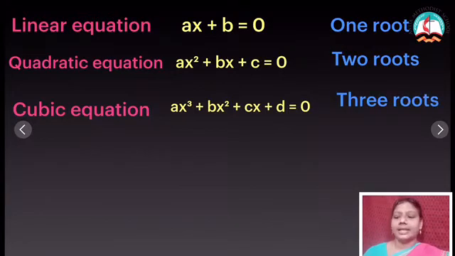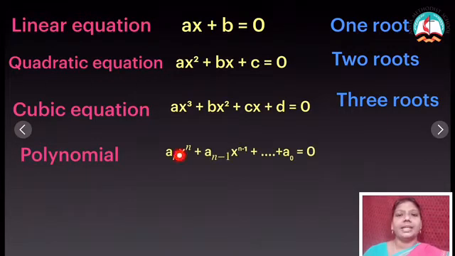If I extend it like this, I get a polynomial. So polynomial means it may have degree equal to n. Okay, so how many roots can I get? I can get n roots if my equation's degree is n. Okay, so this is what we just learned in theory of equations.